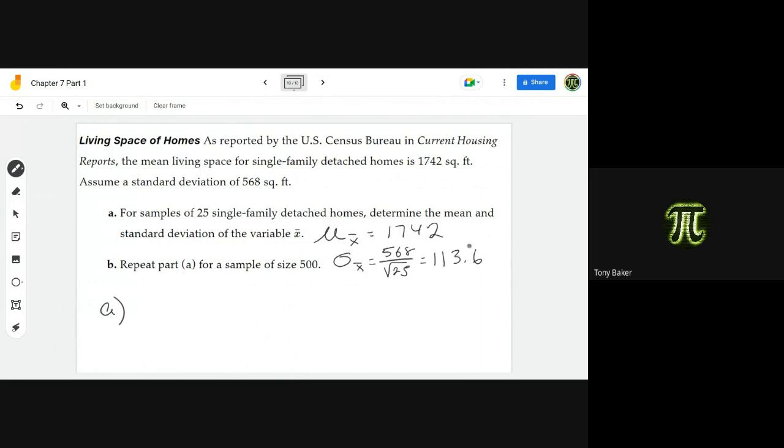So if I added and subtracted the 113 from that, I would get 1628.4 to 1855.6. So if I was to randomly take a sample of 25 homes, I have a 68% chance that my mean of those 25 homes is between 1628 and 1855.